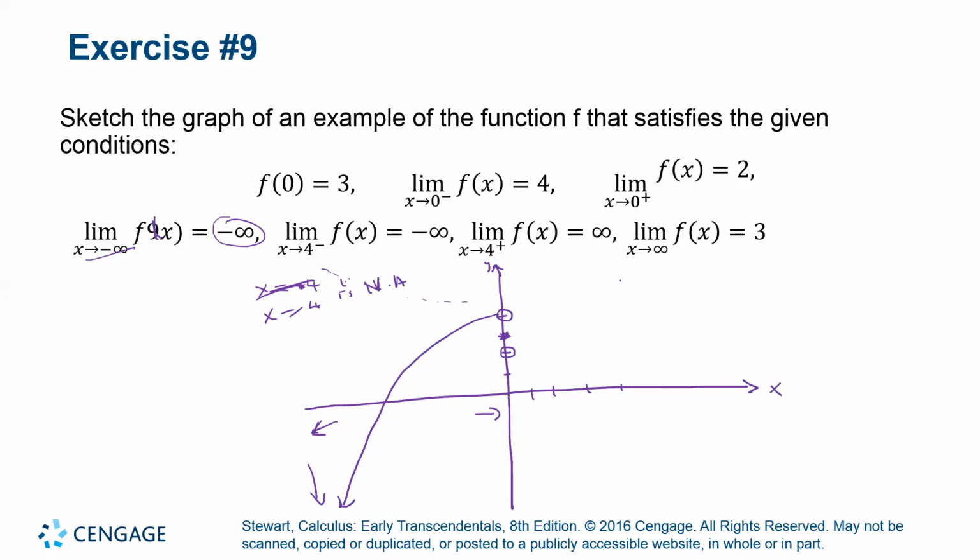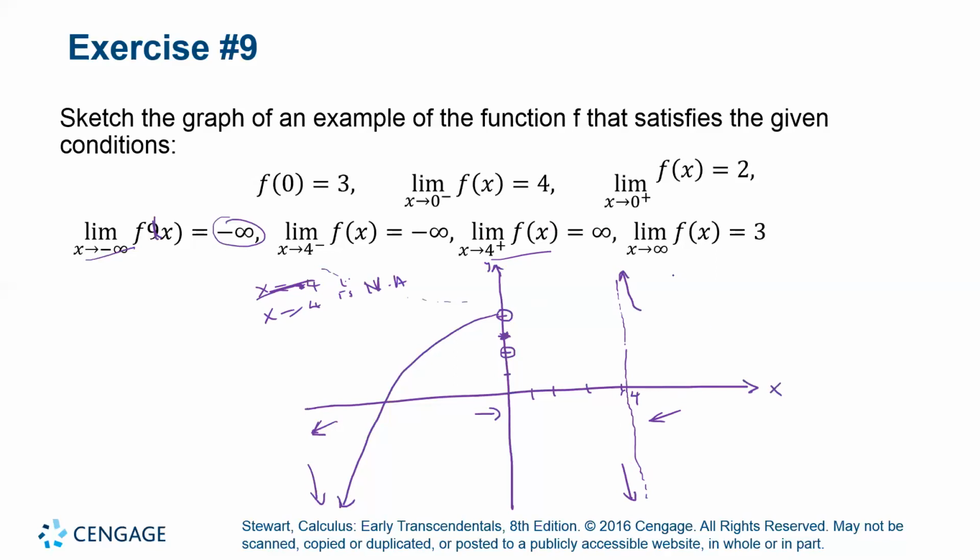And so we're going to have a vertical asymptote here. As x approaches 4 from the left, the graph goes down like that. And as x approaches 4 from the right, it goes to positive infinity. It goes up like this.